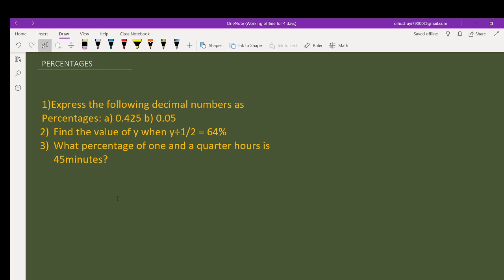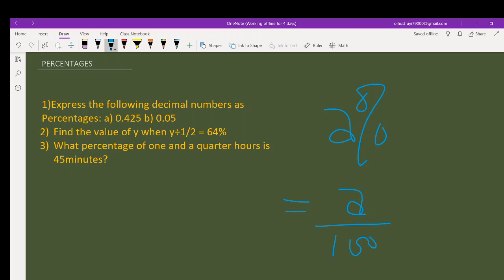Quickly, let's start off. If we have percentage, that's the symbol of percentage. So if you have a percent, that implies I have a upon 100.